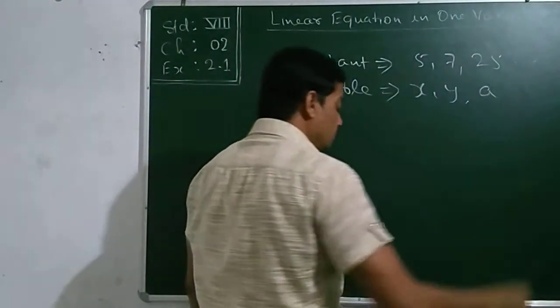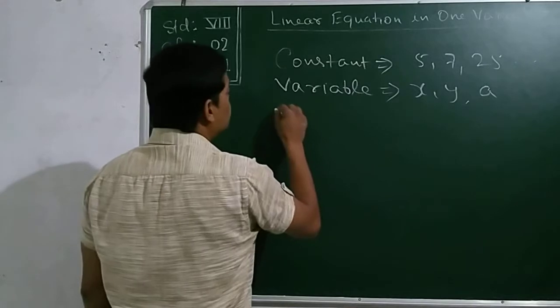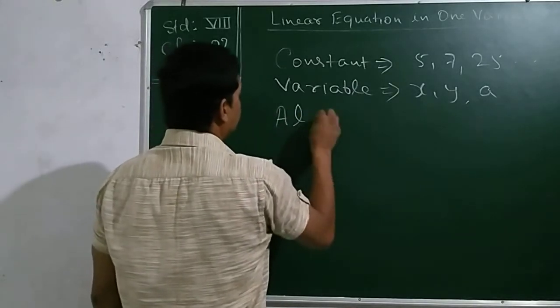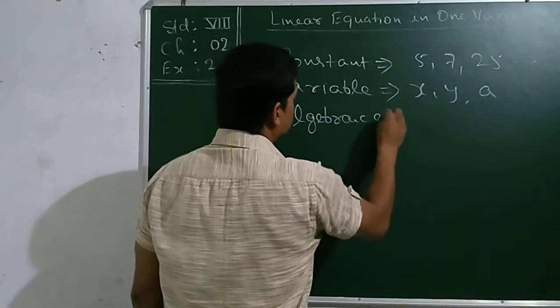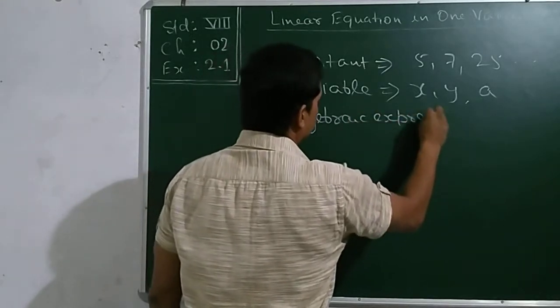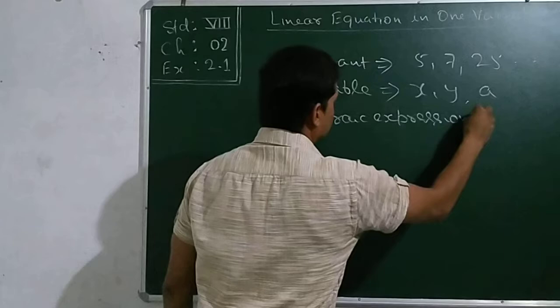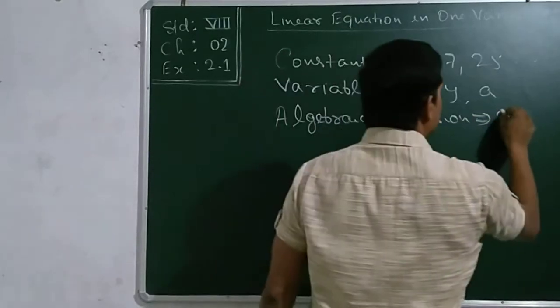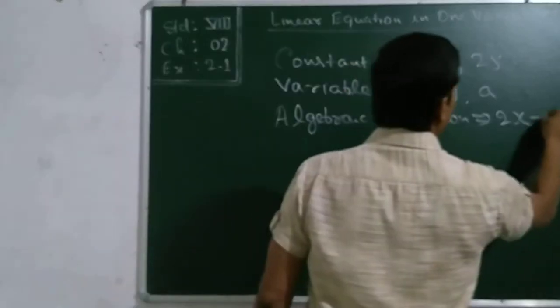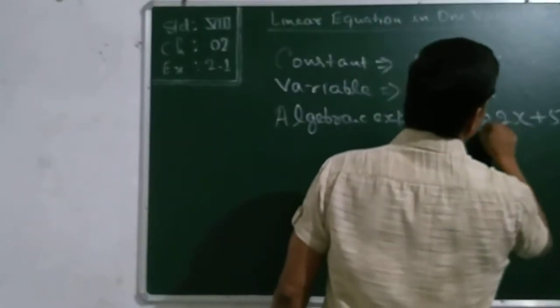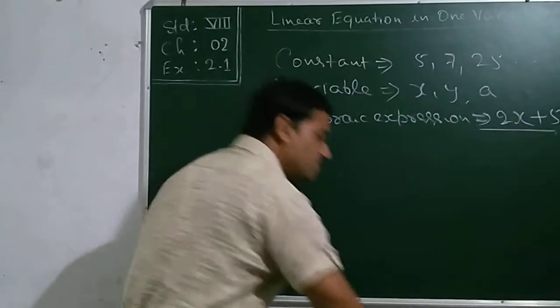Now, algebraic expressions also you had learned. Say, 2x plus 5. This was an algebraic expression.